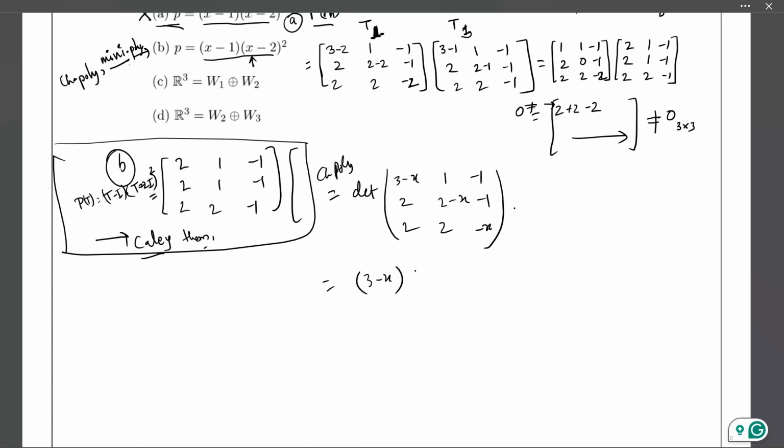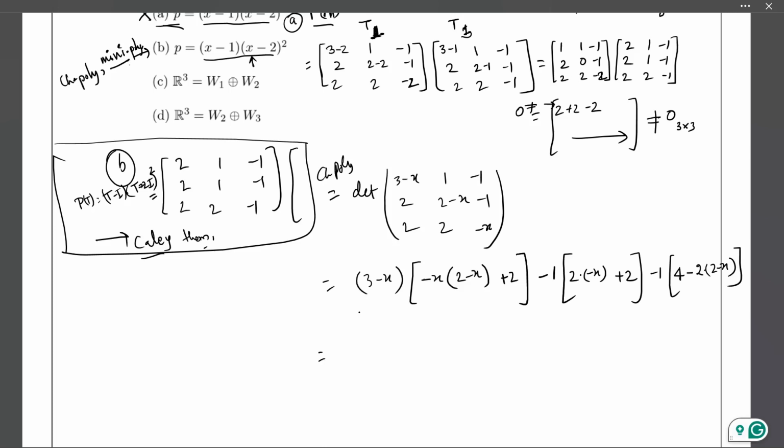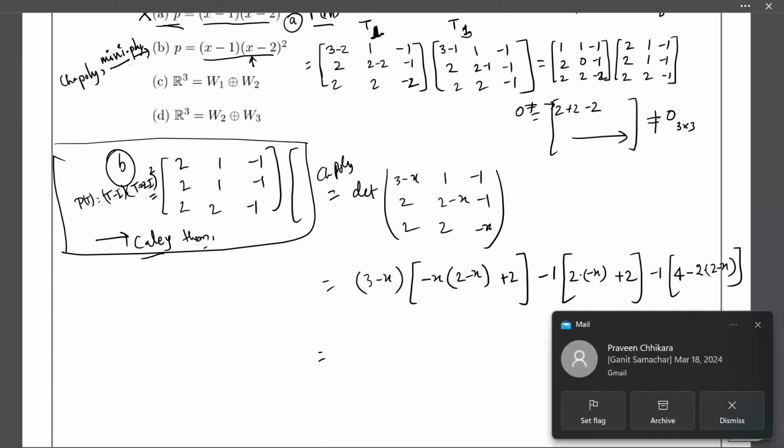What is the determinant for this? 3 minus x, minus x, 2 minus x, plus 2, minus 1, 2 into minus x, plus 2, minus 1, 4 minus 2 into 2 minus x. Let's calculate it here. 3 minus x, what is it?